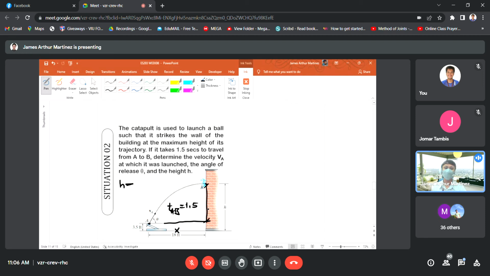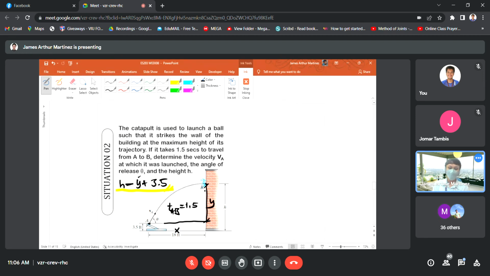So we denote it as y. Meaning, h is equal to y plus 3.5, since your catapult has an initial height equal to 3.5 feet. So to compute for the value of h, we just need to find y. We will go back to that later.